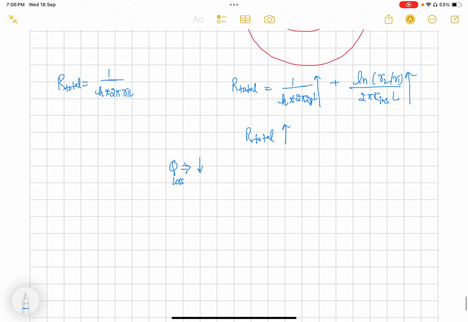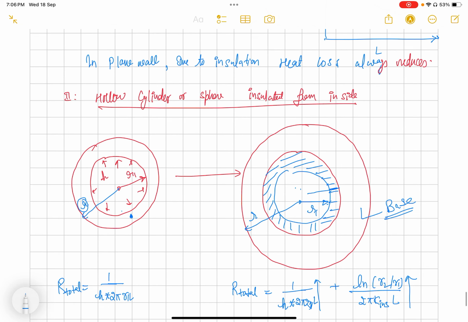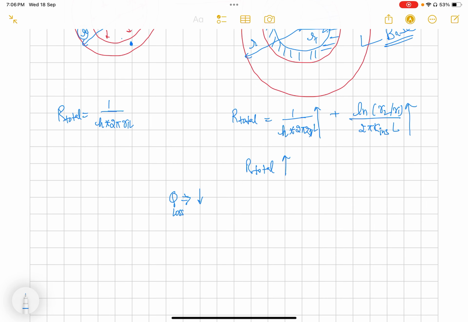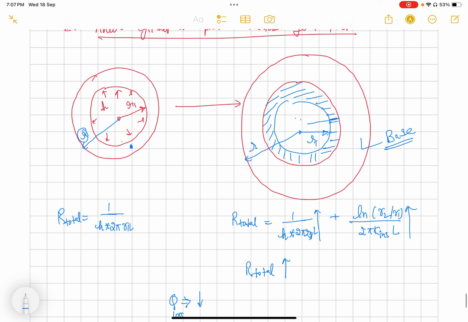So when we are insulating a hollow cylinder or hollow sphere from inside, heat loss will always decrease because the R1 value will keep on decreasing. If we add more insulation, R1 will further decrease, total resistance will further increase and heat loss will further decrease.